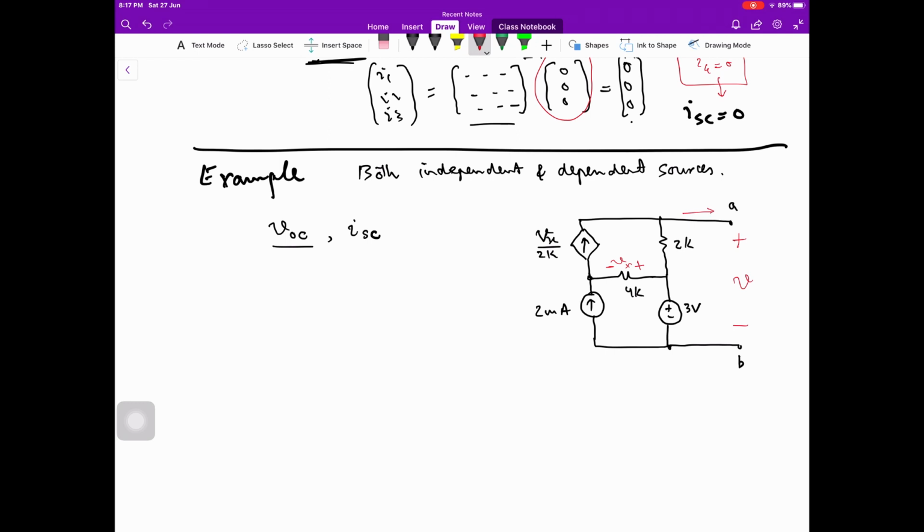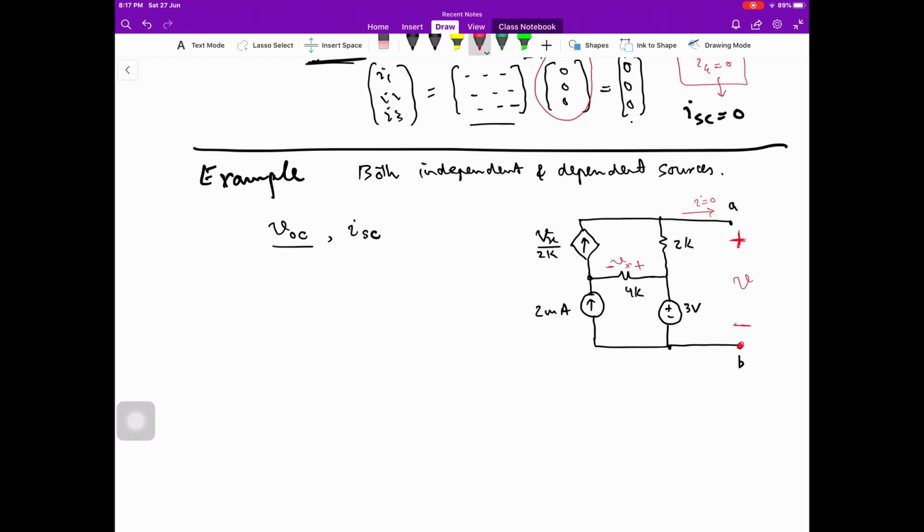Open means no current is flowing in this direction, and we find the voltage. What is the voltage over here? The voltage rise from B to node A, which is V, or it is the voltage drop from A to B. When we move from the negative to the positive side, it is the voltage rise, and when positive to negative side, it is the voltage drop.